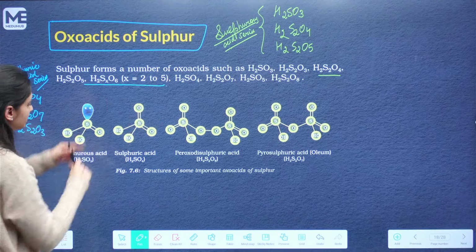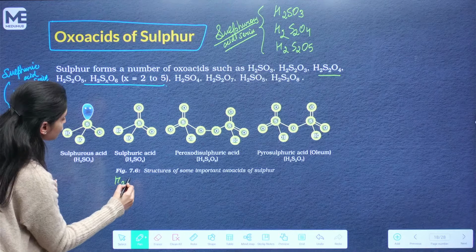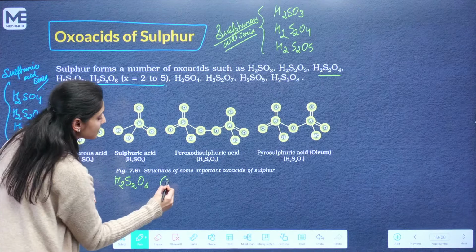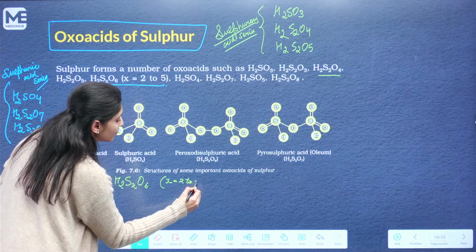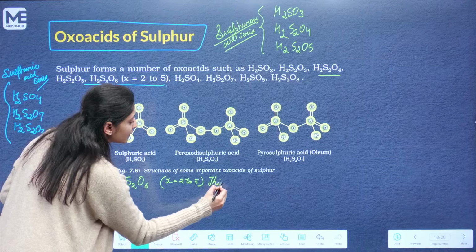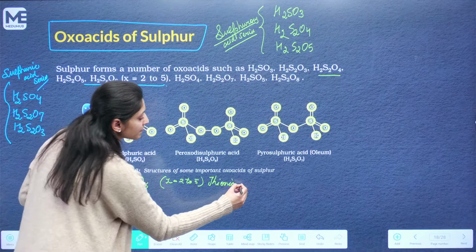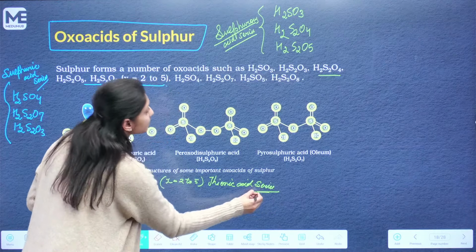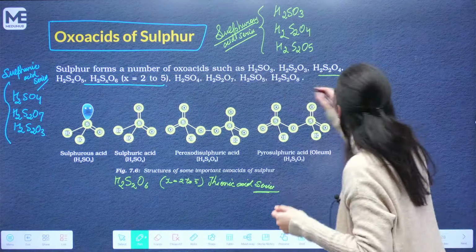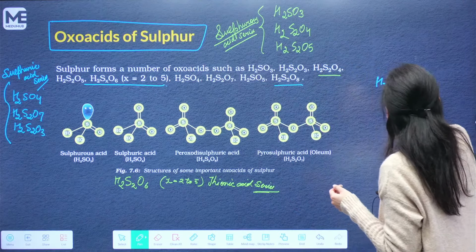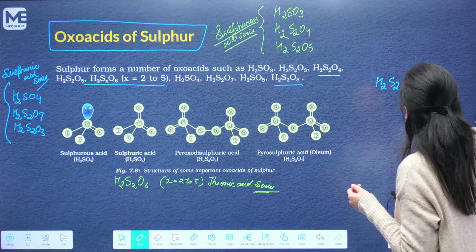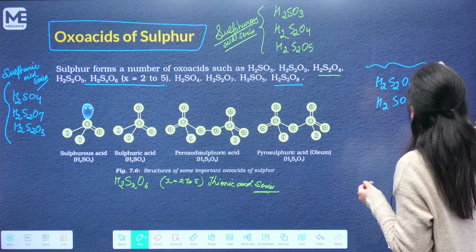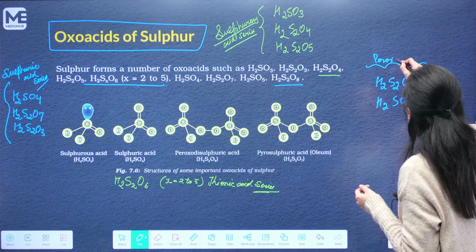This one here, H2SxO6, where x ranges from 2 to 5, is the thionic acid series. And H2S2O8 and H2SO5 are the peroxo acid series.